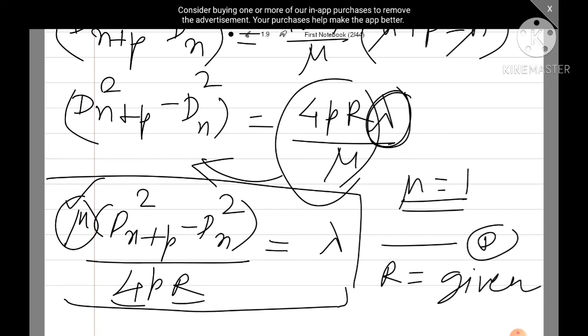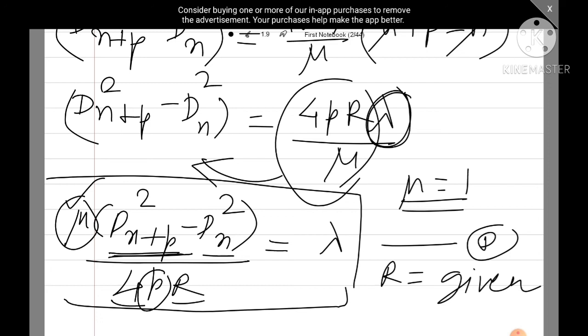Now here p is the order of fringes, means if you consider nth fringe as 5th fringe, and the next fringe you have considered suppose 8th fringe, then how can we find the value of p? The difference between 8 and 5, that is 3. So here p may be found out, and dn plus p means the diameter of the n plus pth ring, and dn is the diameter of nth ring.